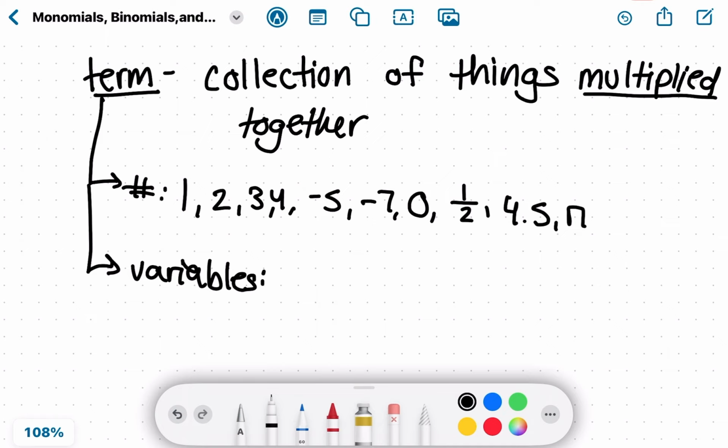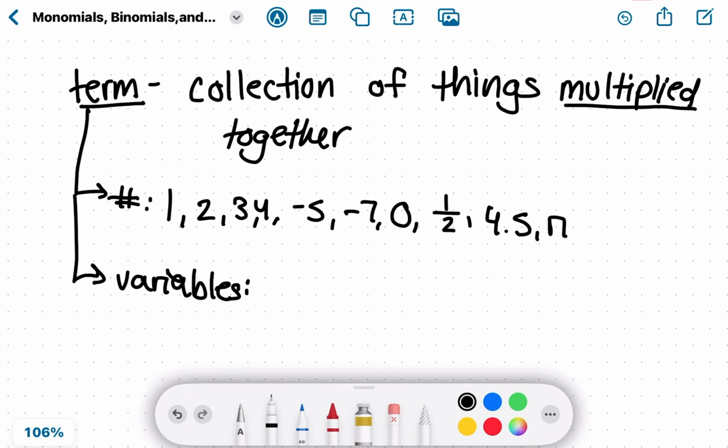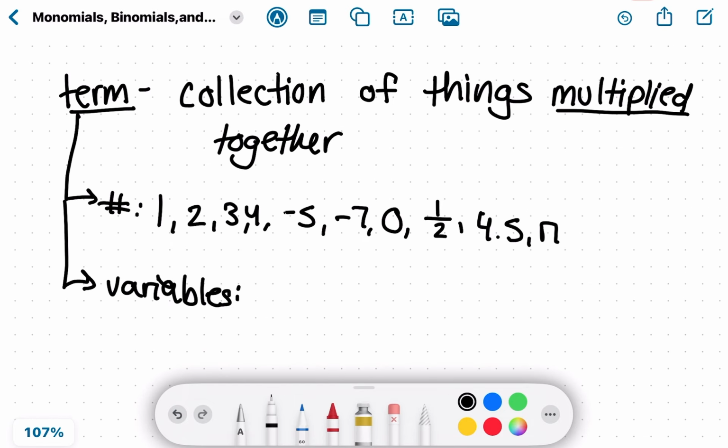Now, variable-wise. Variables, I'm sure you've seen the two very basic ones. You've heard about them a million times. They are basically the foundation of algebra. And what are they? My friends, x and y.